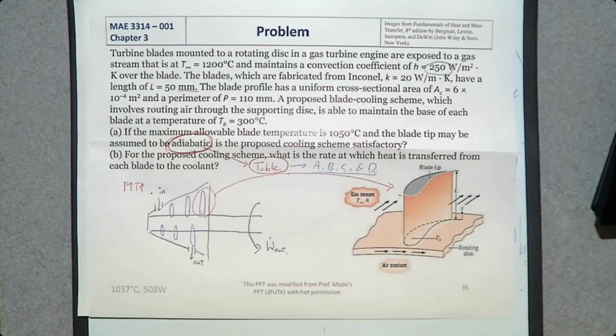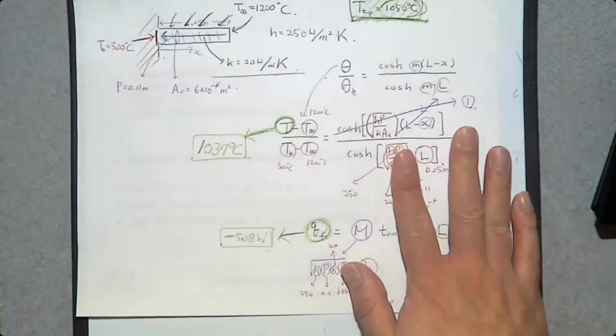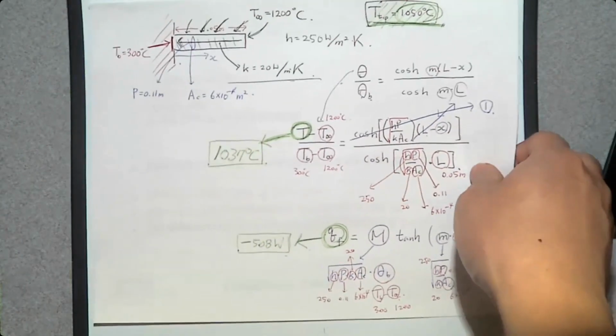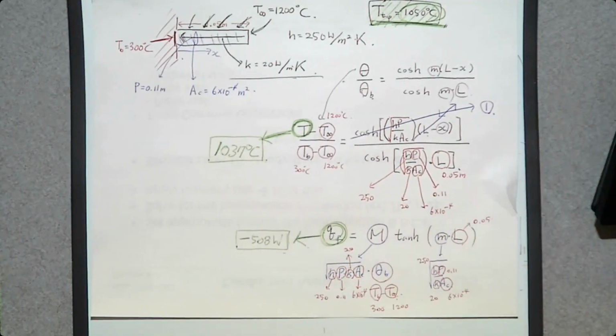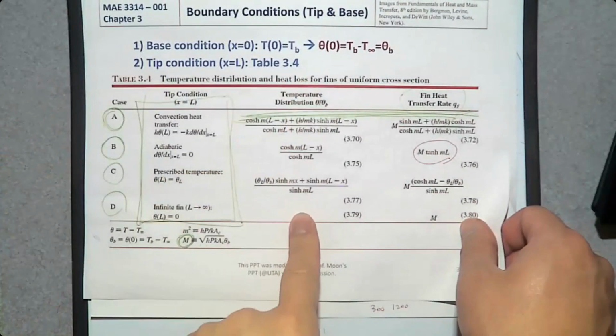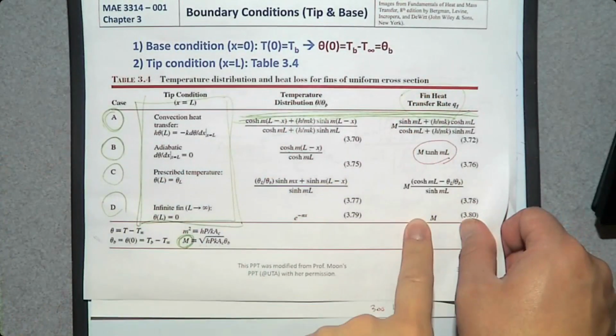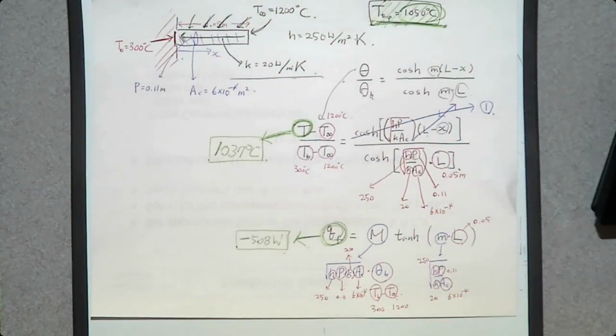The second one is we need to determine the heat transfer rate. Whenever there's a heat transfer problem, what you want to determine is going to be either heat transfer rate or temperature. So only these two. If you look at the table, this one is for temperature. This one is the rate of heat transfer.